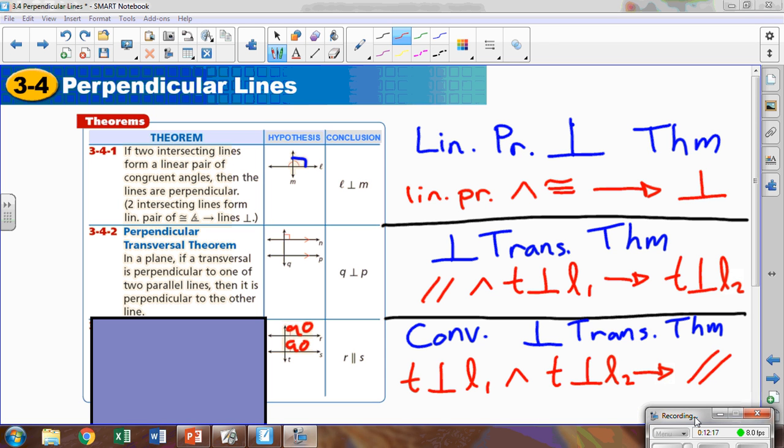It gives us a 5th tool for explaining why things are parallel. But as we noted, this is just a special case of the converse of corresponding angles postulate. It's just when we use corresponding angles when the number is 90.